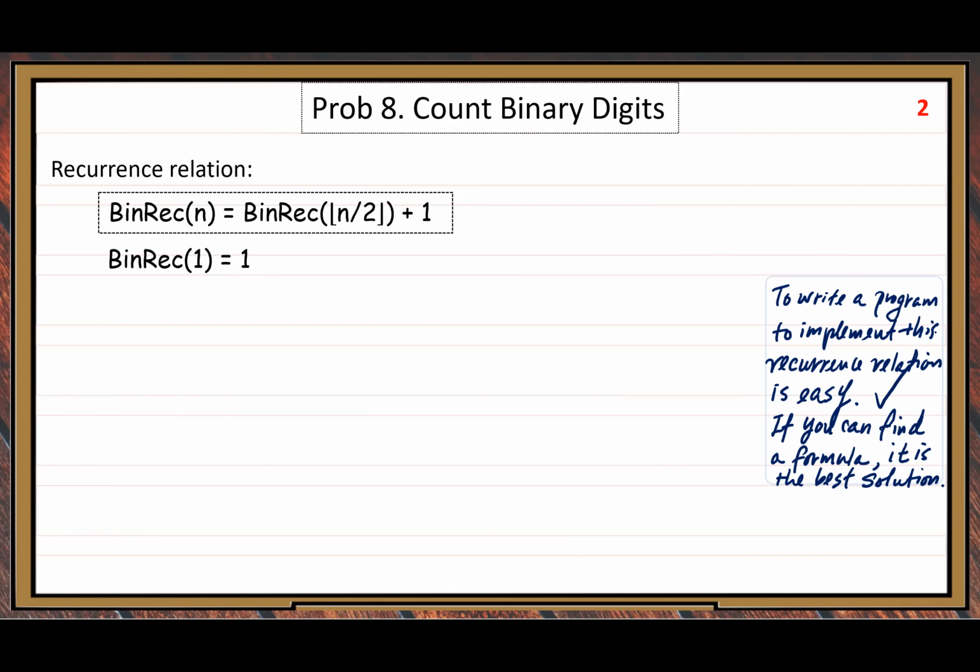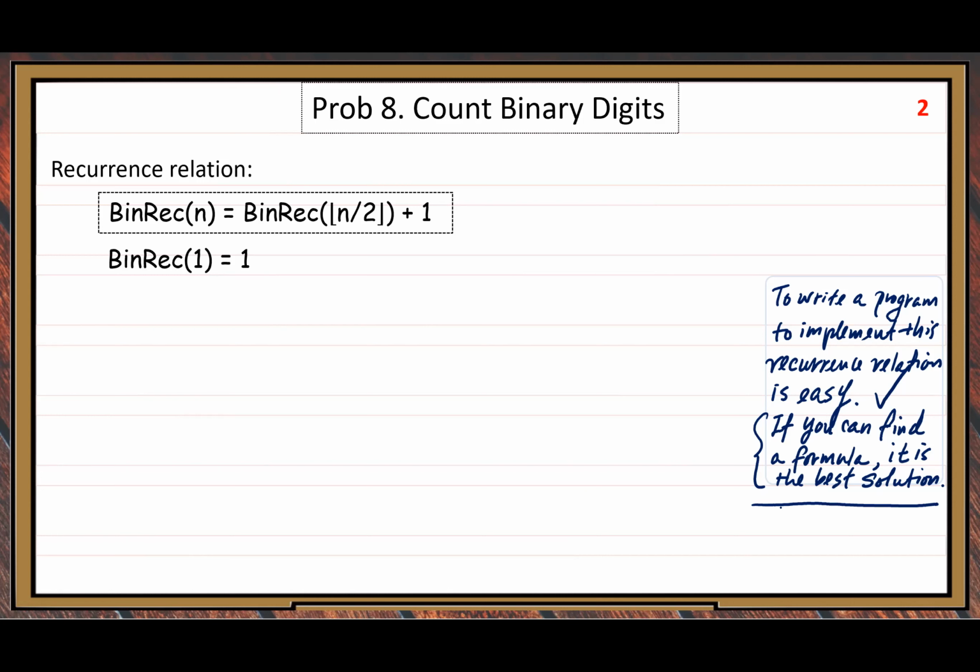We have it. But because we want to find a better solution, here I like to convey this point. If we can find a math formula for the solution, we just plug in a number, we do the calculation, we do not write a program.